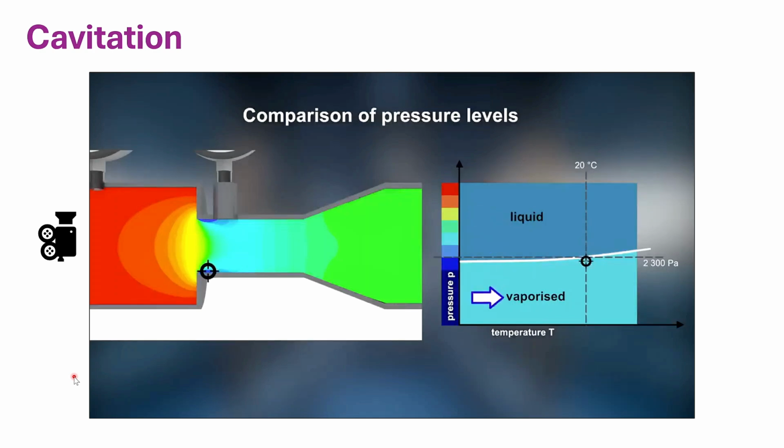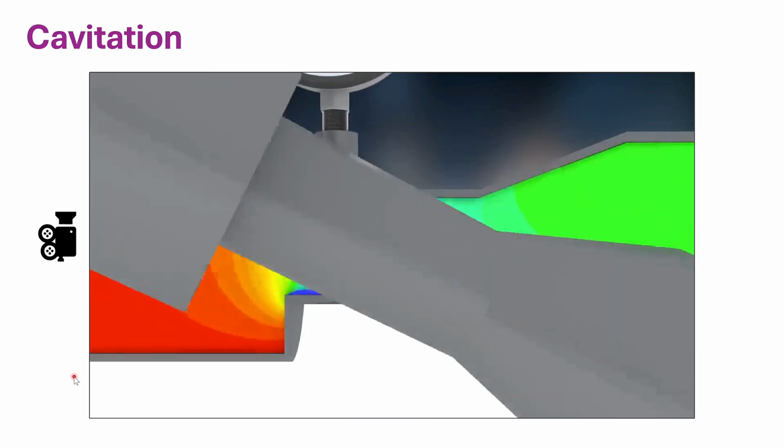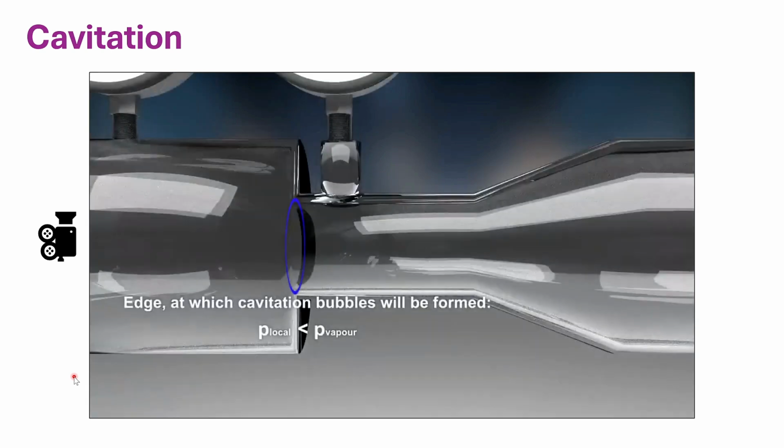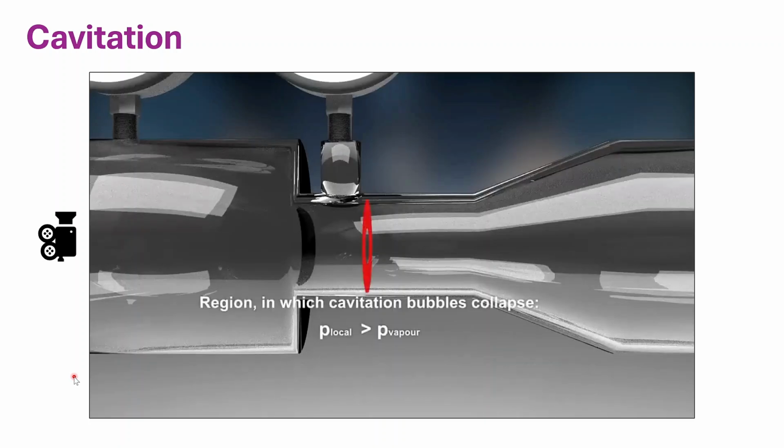Consequently, water evaporates and cavitation bubbles are formed. The low pressure at the exposed edge causes cavitation bubbles to form. At a pressure of 2,300 Pascal, a certain mass of water vapor requires over 50,000 times more volume than in its liquid state. The bubbles collapse as soon as they reach a region with a pressure above the vapor pressure.